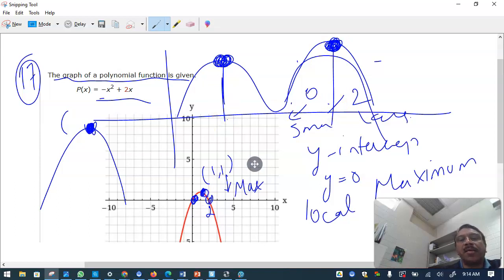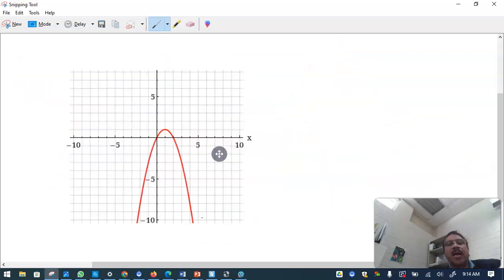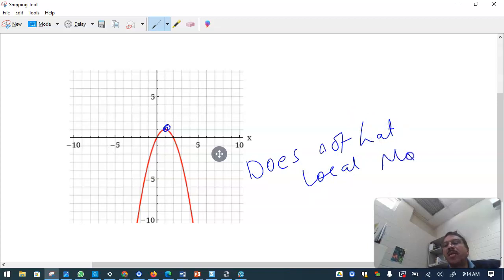So right now we have only one local maximum at x equals 1. Also to be noted, this one has a local maximum, but it does not have a local minimum, or local minima. So I hope that clarifies. Or you can just say it does not exist.